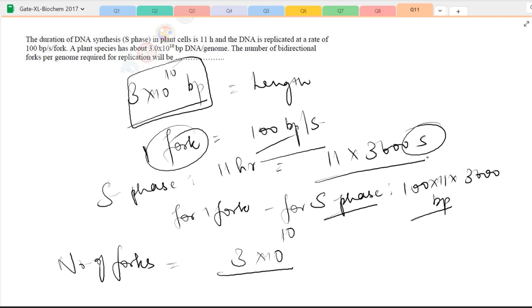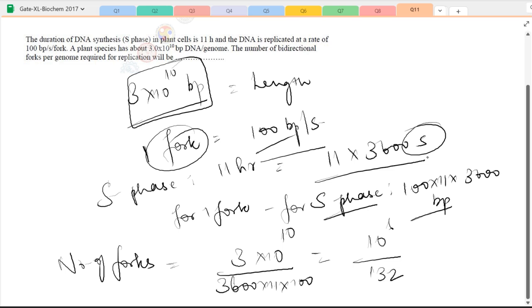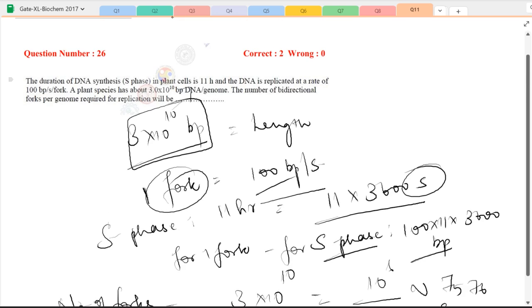So that will be 3 × 10^10 divided by 3600 × 11 × 100. If you calculate this, you will get 10^6 divided by 132. The answer roughly comes to 7576 forks. So you basically need 7576 bidirectional replication forks for the complete replication of the genome for the entire S phase.